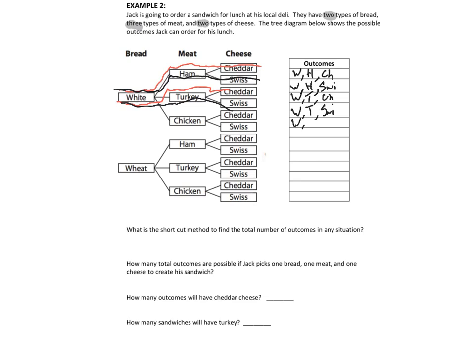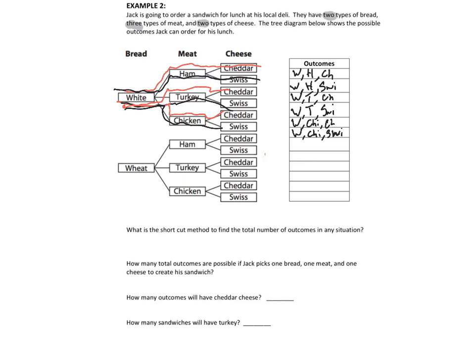So we have white bread, we have chicken, and we have cheddar. Then we have white bread, we have chicken, and we have Swiss. So we took care of white, chicken, cheddar, and white, chicken, Swiss.